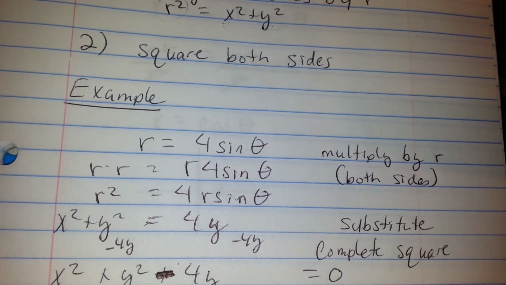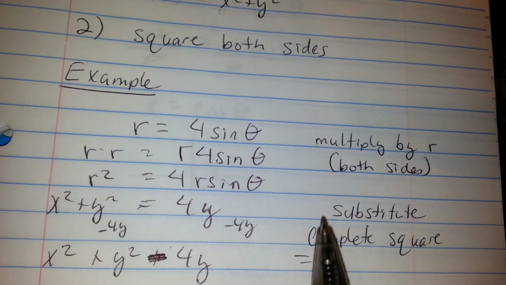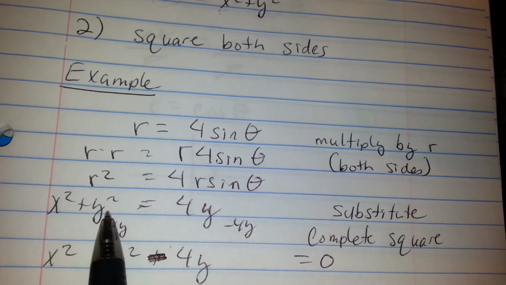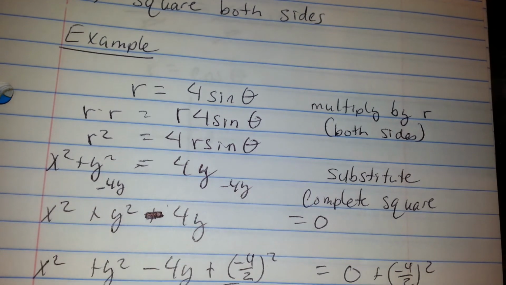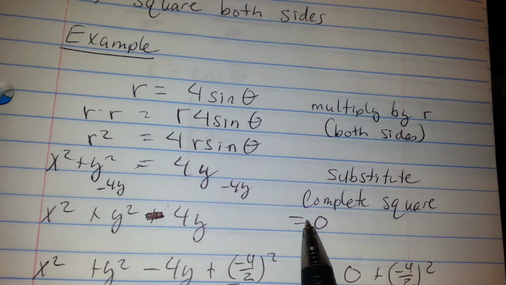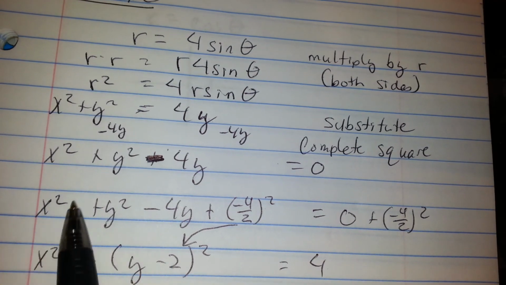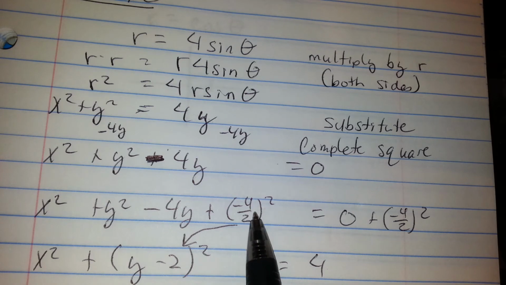All right, now I have to complete the square. I'm going to move this 4y over to this side and get the 4y with the y squared. So I subtract 4y from both sides, and now I've got x squared plus y squared minus 4y equals 0. When I complete the square, I don't have to mess with this x squared. We're fine there. It's the y squared minus 4y. I need a constant.